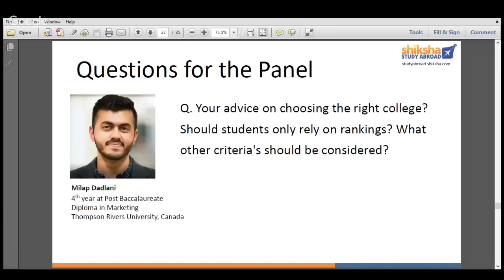However, more recognizable names are obviously better options to go with. And other than that, for me, diversity was a big thing. Since I'm coming out of India, I also wanted to go to a university or institution which has a diverse campus, so at least I get to experience that firsthand. Like Thompson's University has over 85 different nationalities on campus.